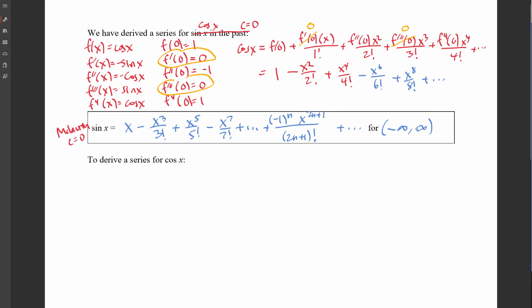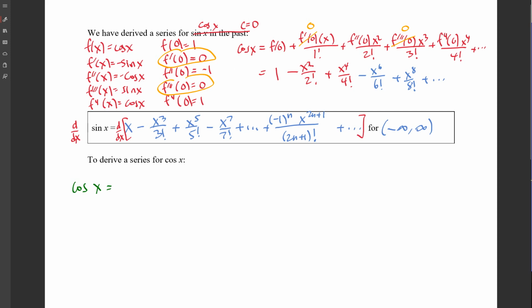One thing you can do, if you know that sine x is equal to this Taylor series here, is multiply both sides by the same thing, or divide both sides by the same thing, or maybe take the derivative of both sides. If I took the derivative of sine x, what is that? The derivative of sine x is cosine x.